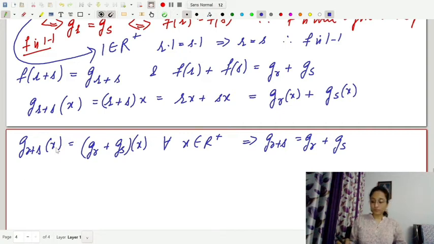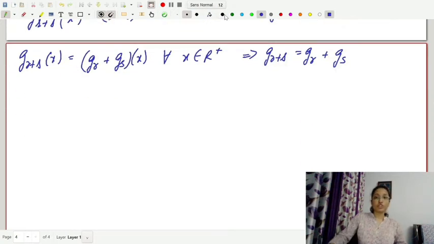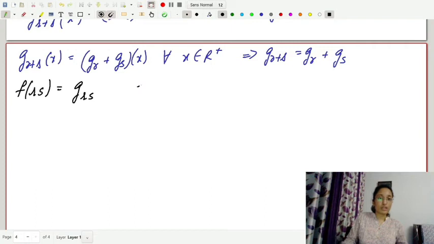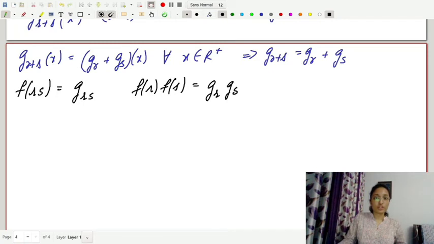Similarly, for multiplication operation, F(rs) is equal to g_(rs), and F(r)F(s) is equal to g_r g_s. दो मैप्स को इक्वल शो करने के लिए हमें क्या शो करना है?